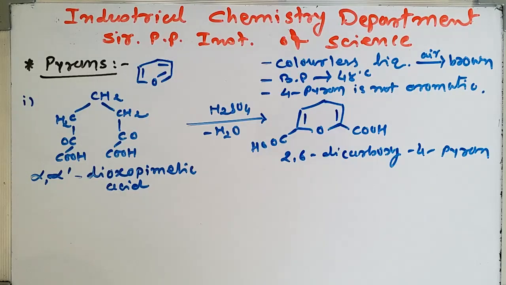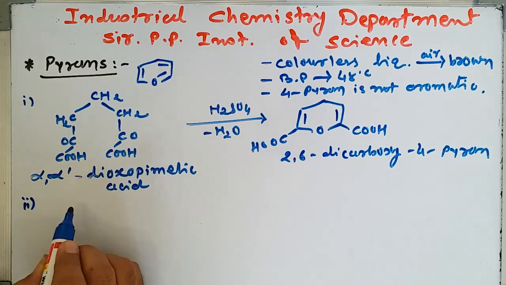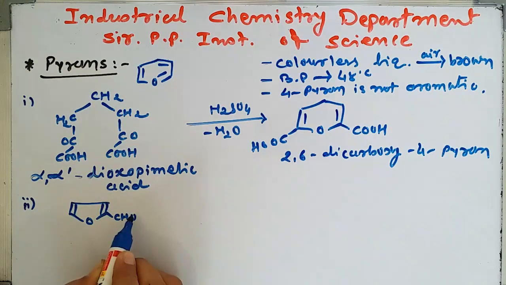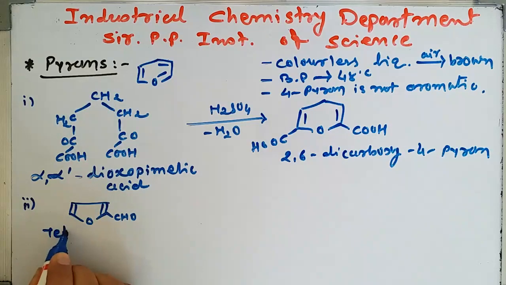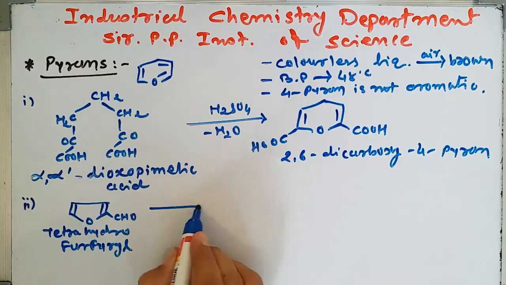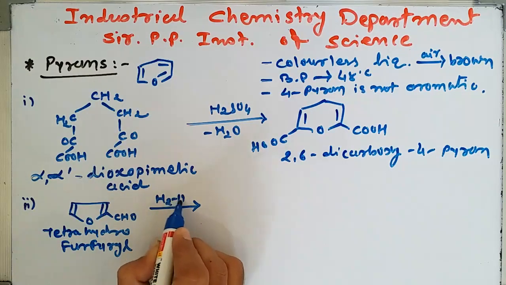Dihydropyran can be obtained by heating tetrahydrofurfuryl alcohol over alumina at 300 degrees Celsius. This is tetrahydrofurfural.